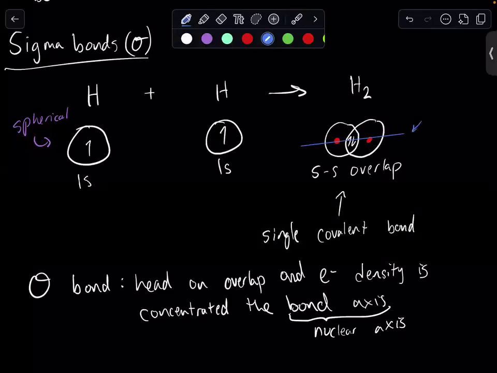This is what we would refer to as the bond axis. So it's where that covalent bond is happening. That overlap occurs directly smack dab in the middle of that axis. So this is our sigma bond.